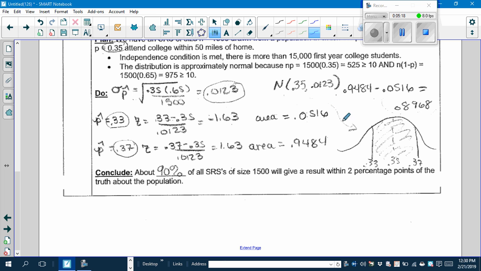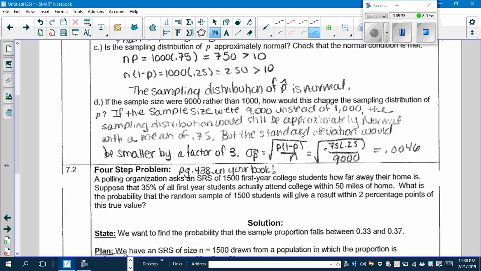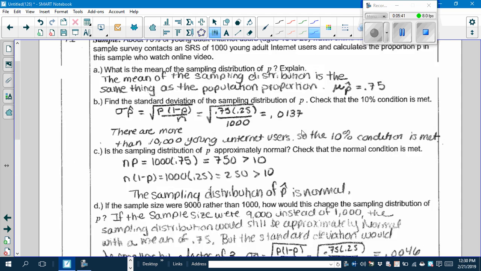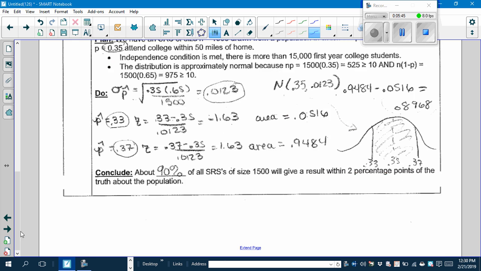You can do these on your calculator, but make sure that you draw your normal curve and you state that the curve is normal with a mean and standard deviation. Now, when we're doing this, remember that you have a new standard deviation that you have to calculate. You can't just use the standard deviation that was given to you. Remember the formulas that you're using for p hat, and again, those formulas will be given to you, so just be very careful that you're using the correct formula.